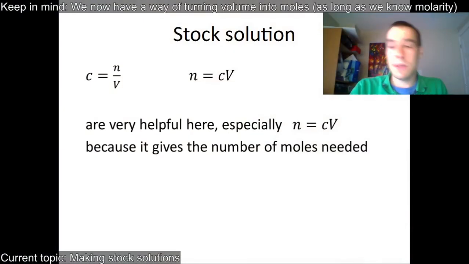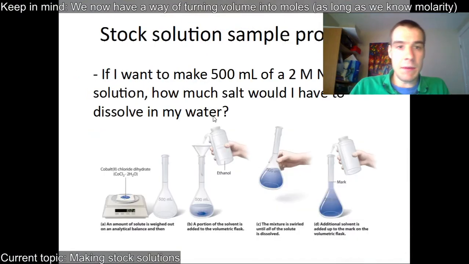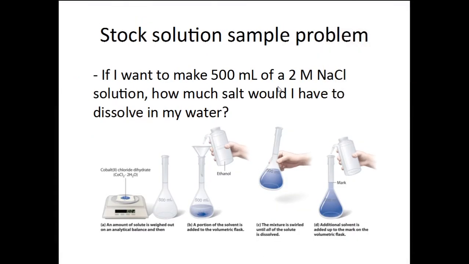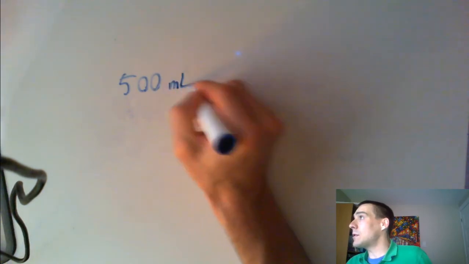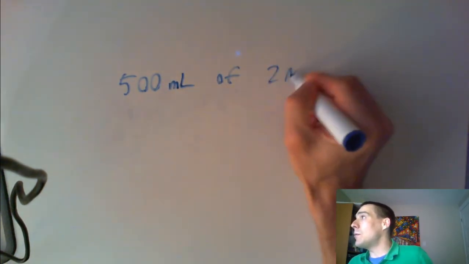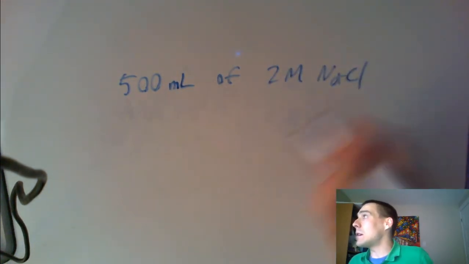So back to this, right? Here's our question. We want to make 500 milliliters of a 2 molar sodium chloride solution. So let's write that out. We want to make 500 milliliters of 2 molar NaCl.